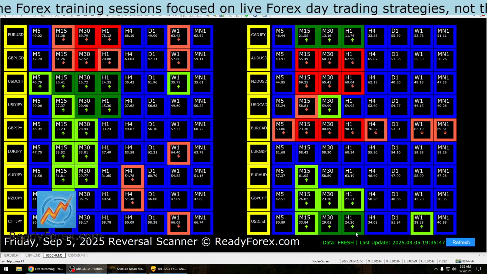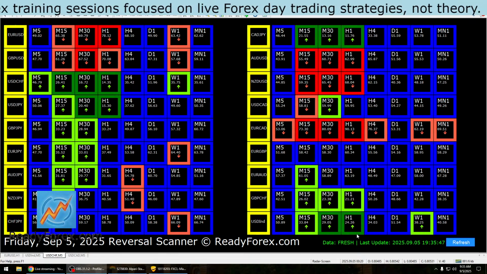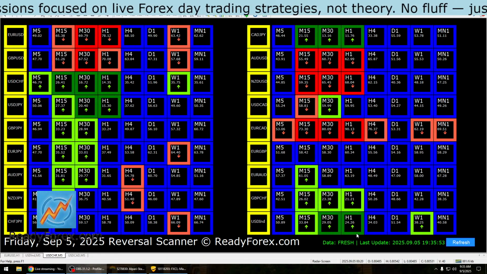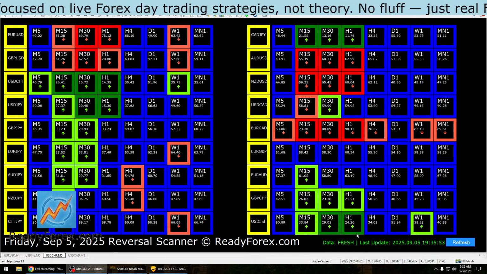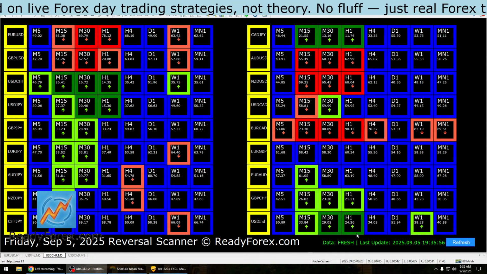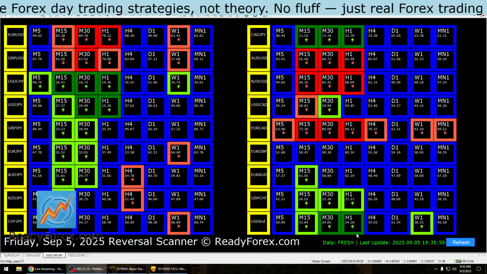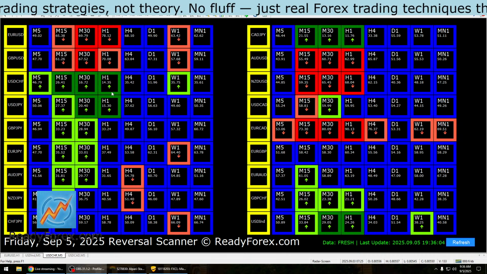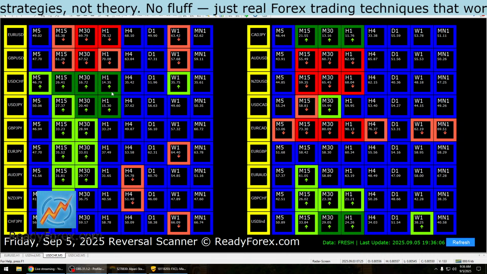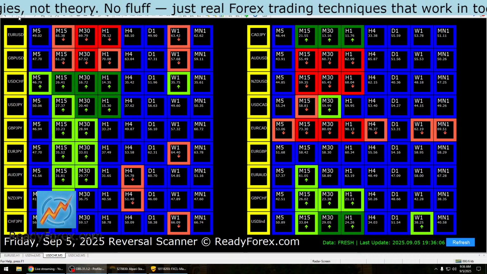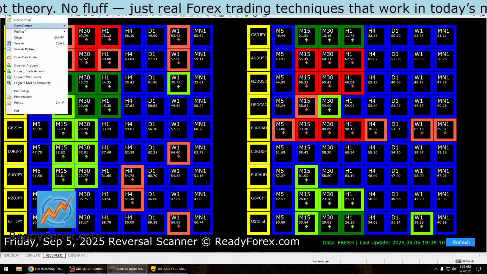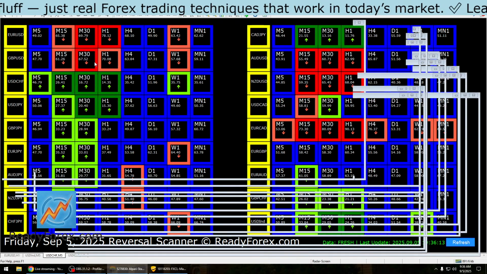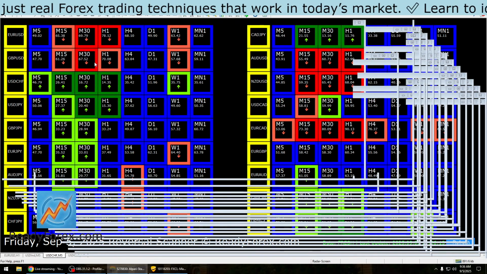Let's see, the US dollar index looks quite bearish, so we might actually get a reversal inside the US dollar index, the DX. Okay, what else? USDCHF, we might actually get a reversal in USDCHF as well. So let's go back to the trading terminal and change the profile.